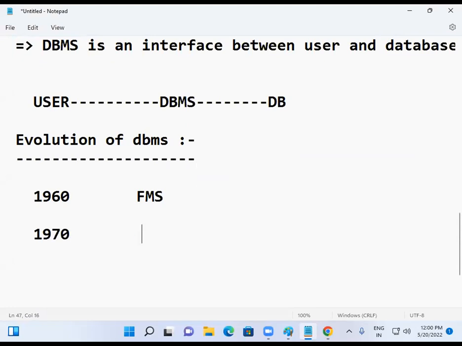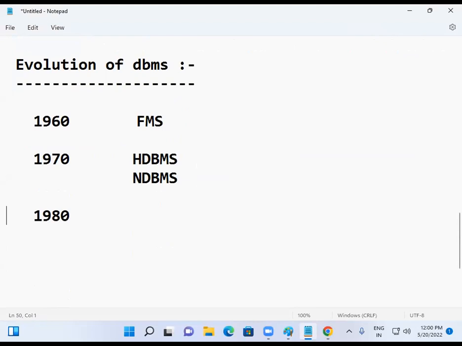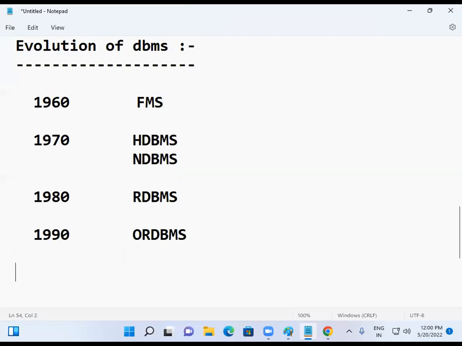In the 1970s, companies used HDBMS, then NDBMS. In the 1980s, companies used RDBMS. In the 1990s, companies used ORDBMS.